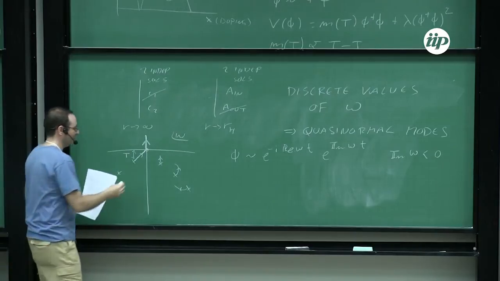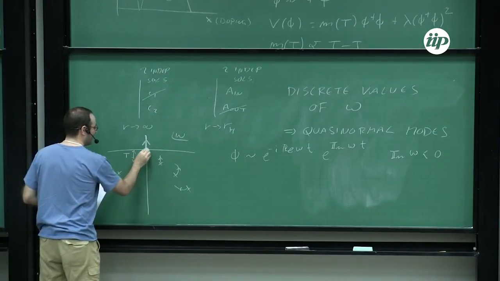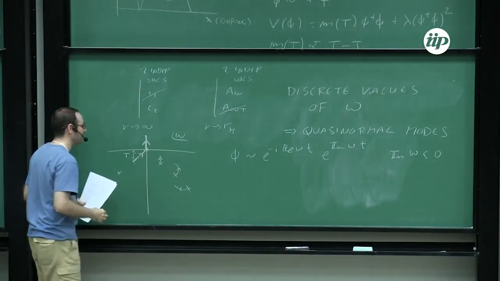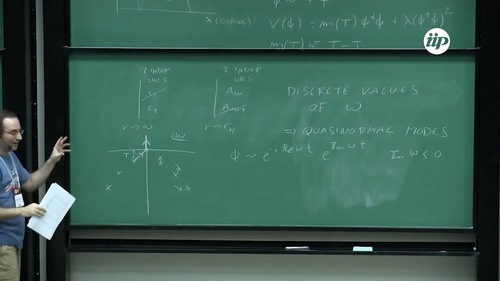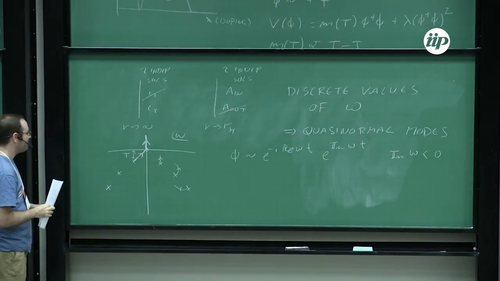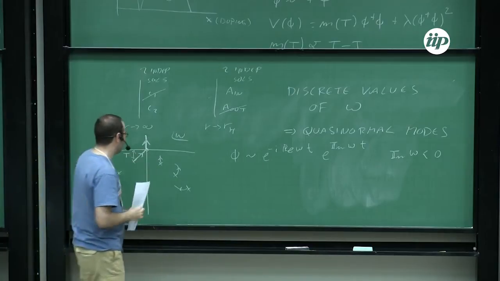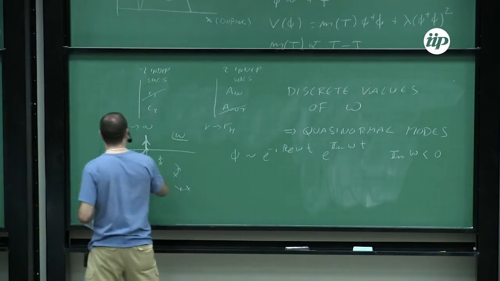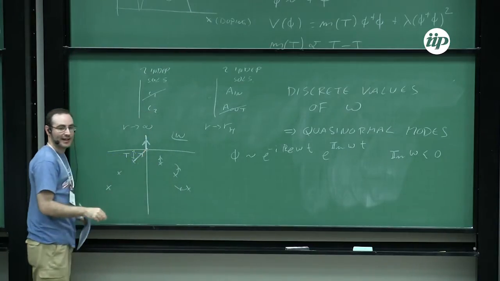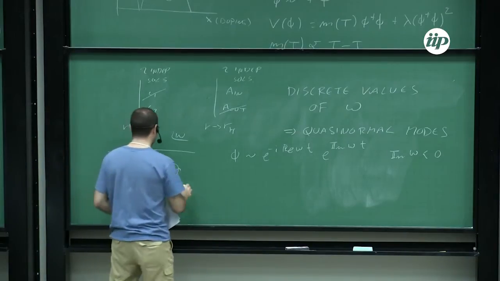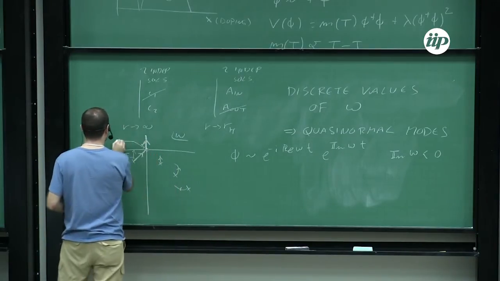Okay, so you can study this numerically, or in some cases you can do some approximations and do it semi-analytically. But there is a value of the temperature where one of these modes reaches the real axis. So that will be the critical temperature.